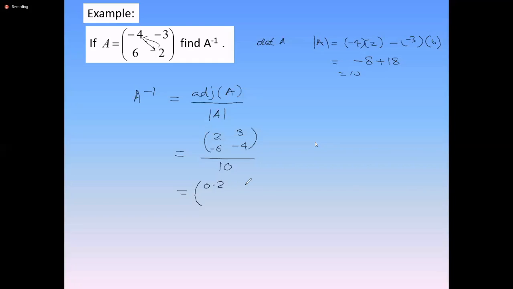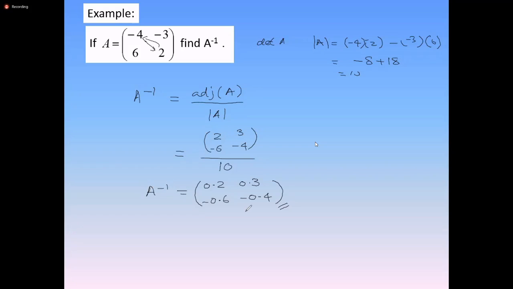Then the answer is 0.2, then 3 divided by 10 is 0.3, -6 divided by 10 is -0.6, -4 divided by 10 is -0.4. So that is the inverse.